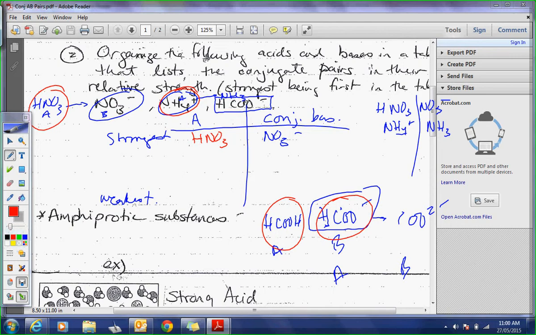The next strongest acid, what do you think? How do you know that's the strongest acid? Did you look at your data booklet? No. How did you know?